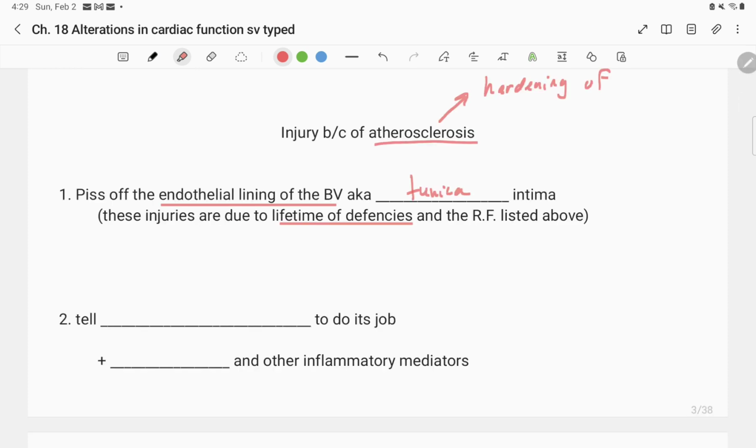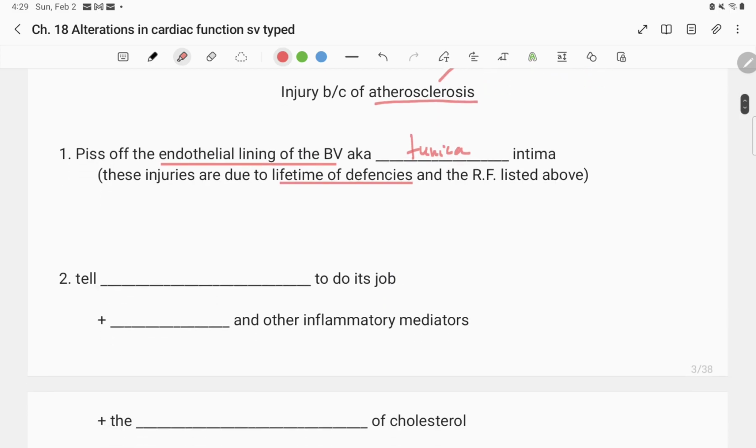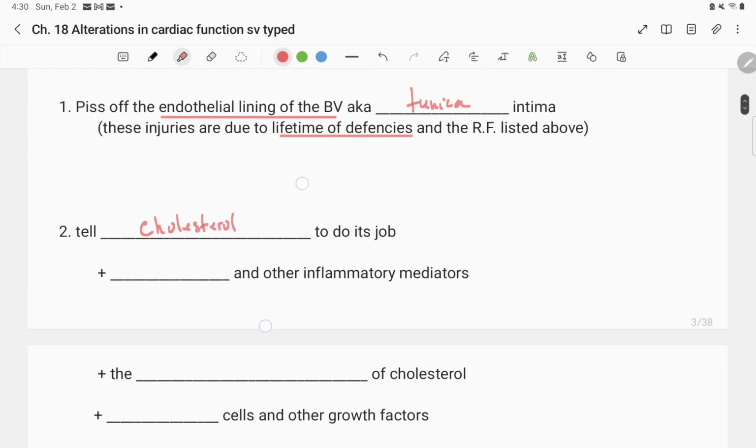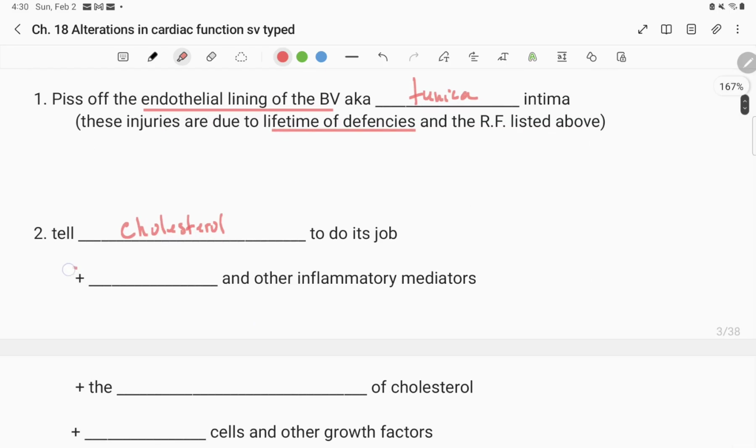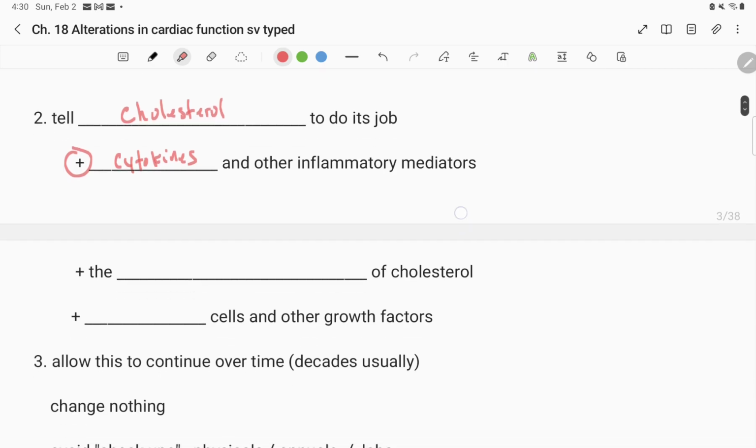Okay, so after you piss off the endothelial lining, the second thing that you should do is tell cholesterol to do its job. Plus, you're going to activate cytokines and other inflammatory mediators.